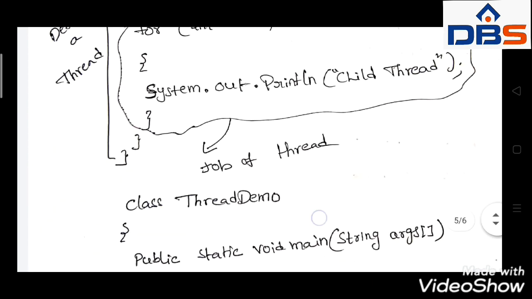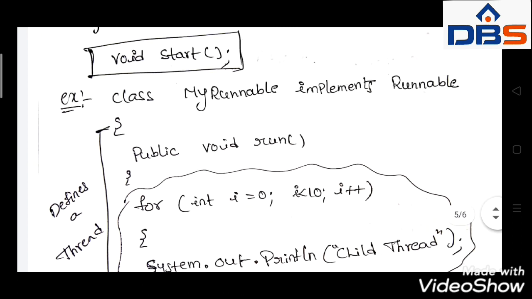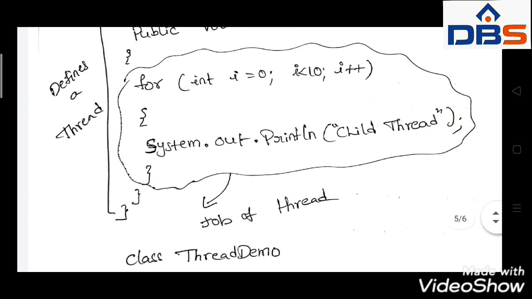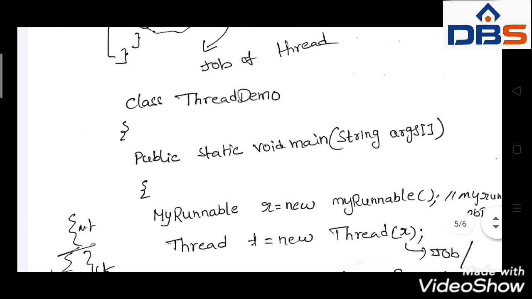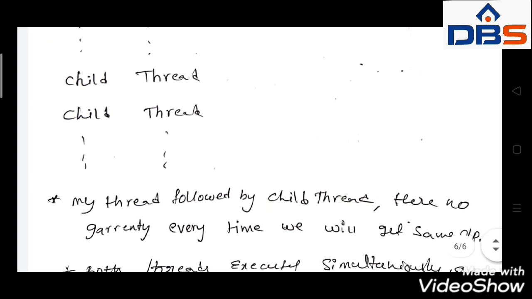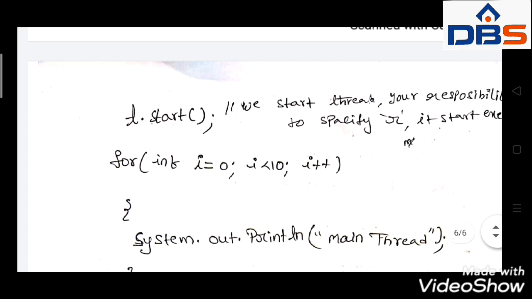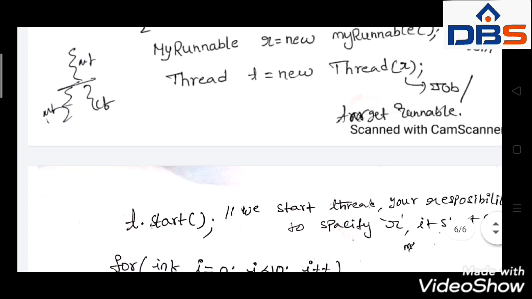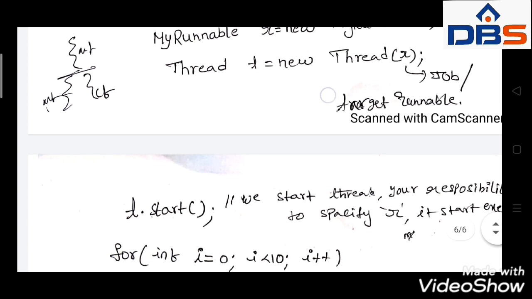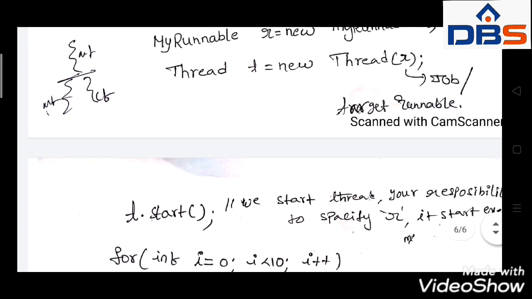Automatically it will go and search in the particular block. So this is MyRunnable, with the run method overridden according to the created constructor. Automatically it will execute this child thread. So directly it does not execute; first it will execute the main thread, then when it reaches this point, it will check, t = new Thread(r).